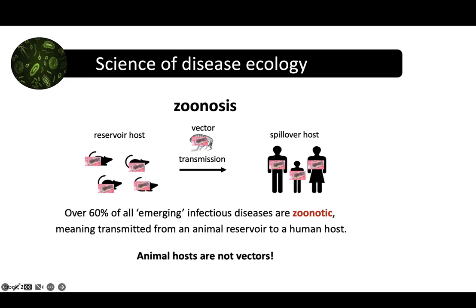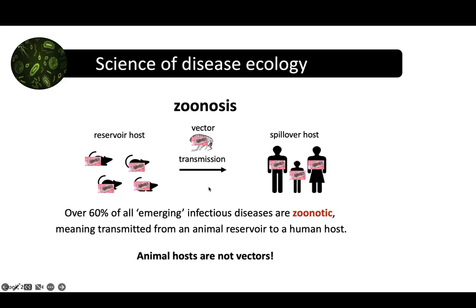And then there's a term called zoonoses, which refers to a pathogen that's transmitted from an animal reservoir to a host. Over 60% of all emerging infectious diseases are zoonotic, meaning transmitted from an animal reservoir to a human host. And this can happen either directly or, in this example, which is showing plague, via a vector, where the normal reservoir host indefinitely maintains the microbe.